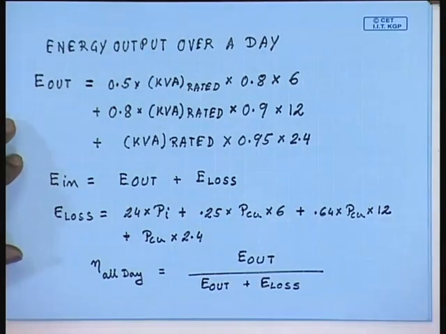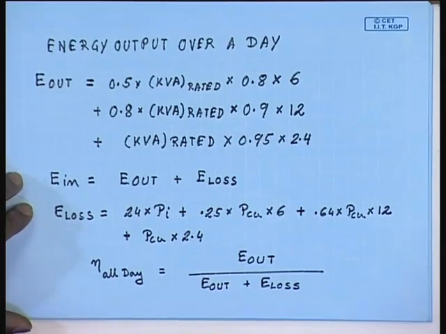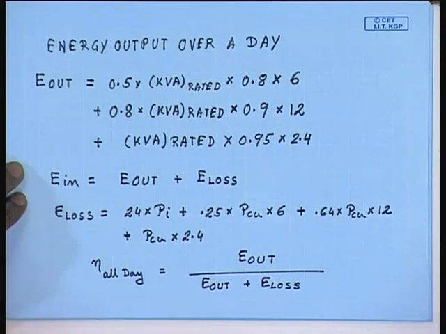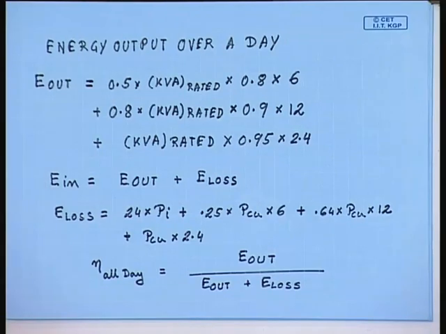This is how one should calculate the all day efficiency of a single phase transformer, and the only data we need to calculate this all day efficiency are the copper loss at full load, which can be obtained from short circuit test data, and the core loss, which can be obtained from open circuit test data, and of course, the loading pattern of the transformer. If these data are given, then the all day efficiency of a transformer can be found.